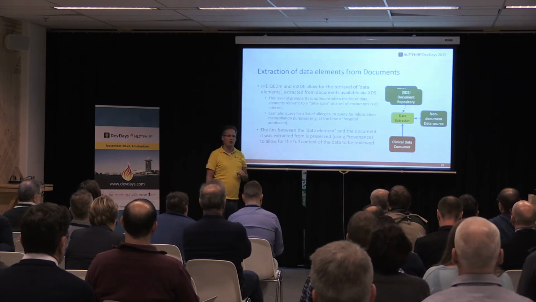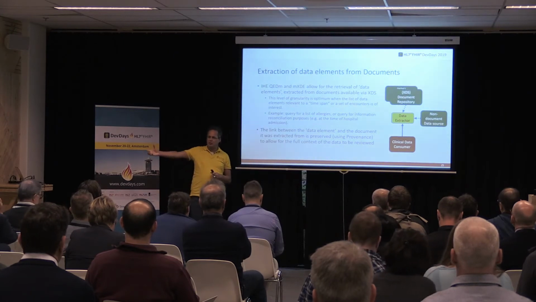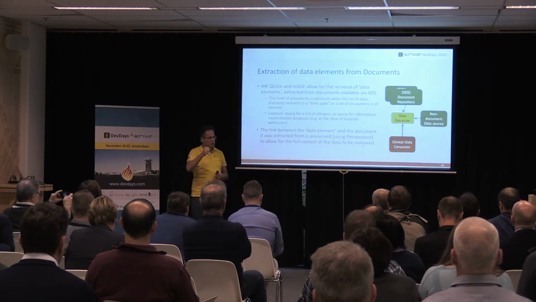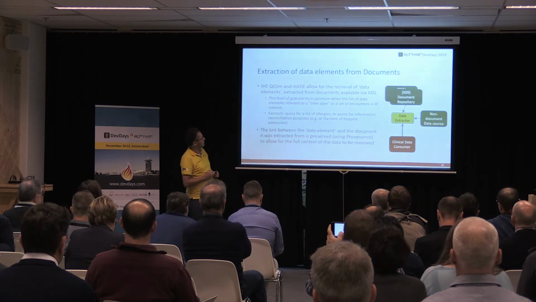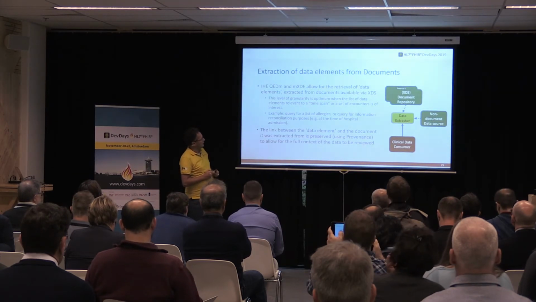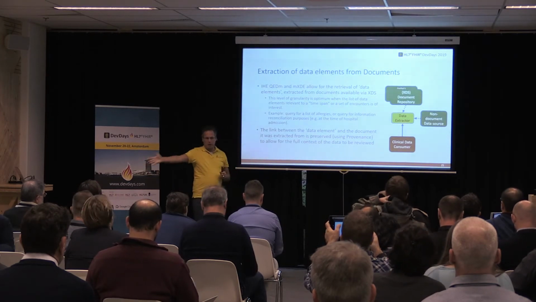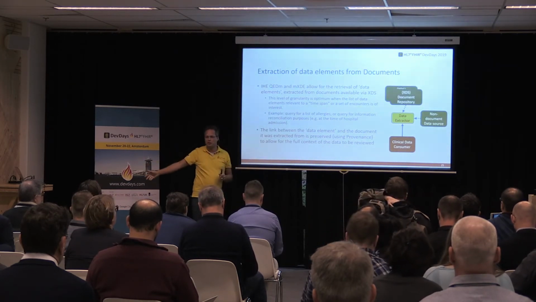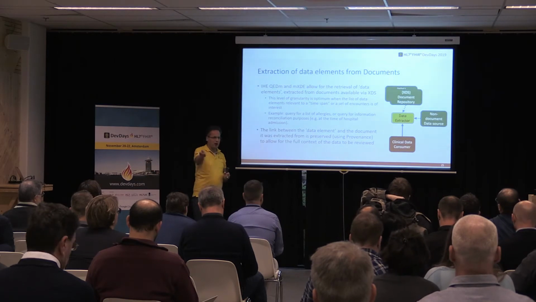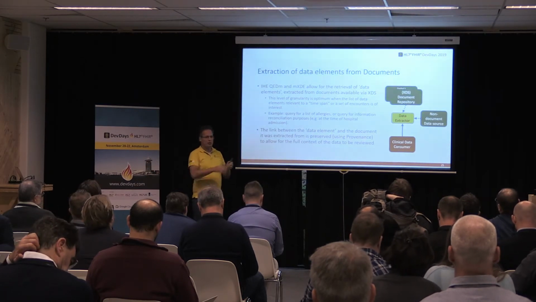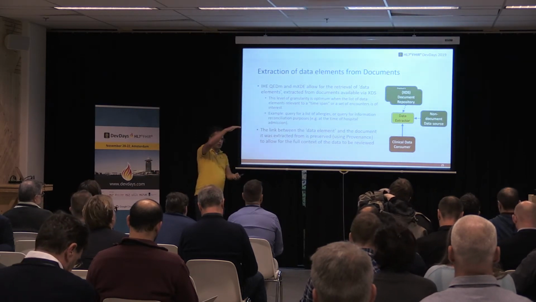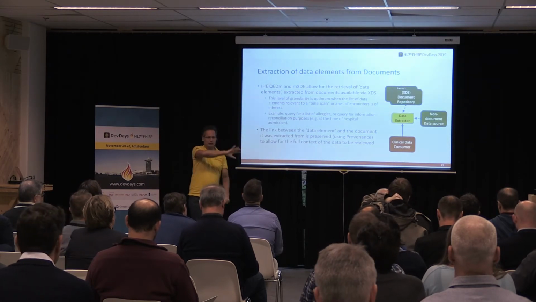Those are two profiles that allow you to extract FHIR resources from a document. So you can say, well, of all of those documents for this patient that I have, extract the allergy information out of all of those documents. So I can just get a list of allergy information and ignore all the rest of the detail that's in the documents.